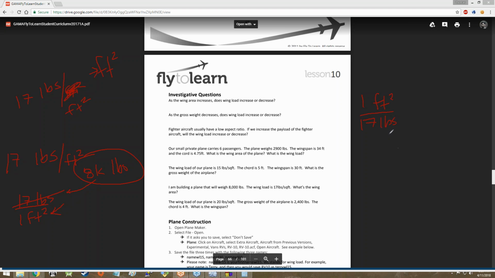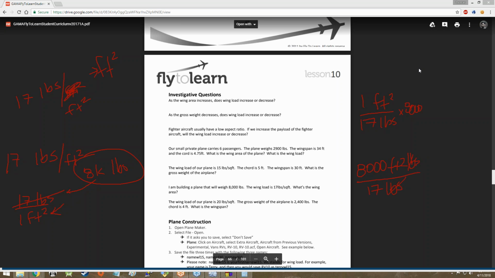and then we multiply it by 8,000. It's the same thing as 8,000 foot squared pounds divided by 17 pounds, which is going to cancel out the pounds.